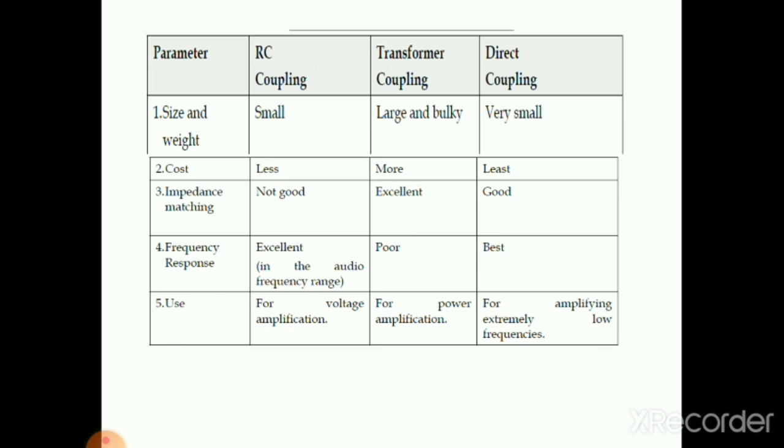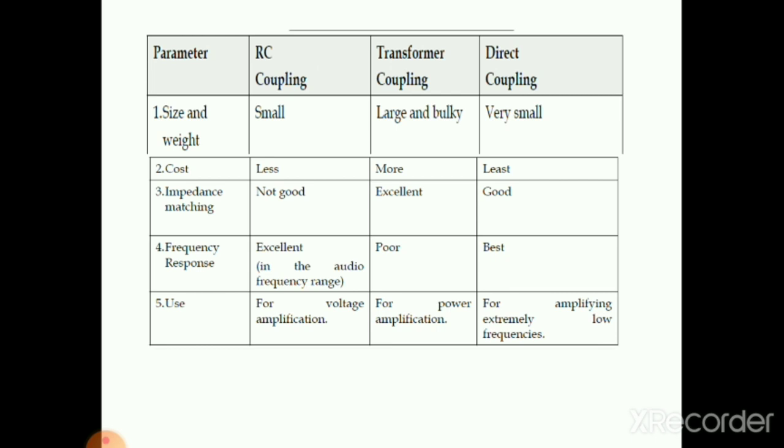And impedance matching: for RC coupling it is not good, for transformer coupling it is excellent, and for direct coupling it is good. And frequency response: obviously RC coupling has an excellent frequency response in the audio frequency range, right? We have seen it is between 50 Hz to 20 kHz, and for transformer coupling it is poor. For direct coupling, it is at best because we designed it for low frequency.